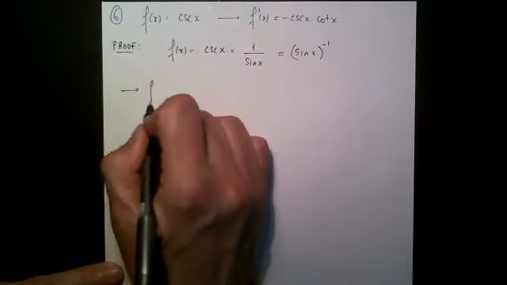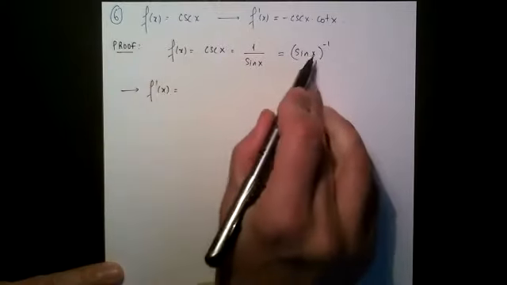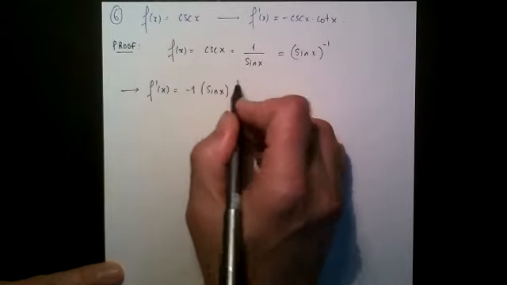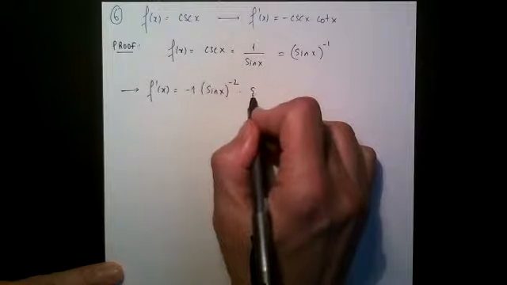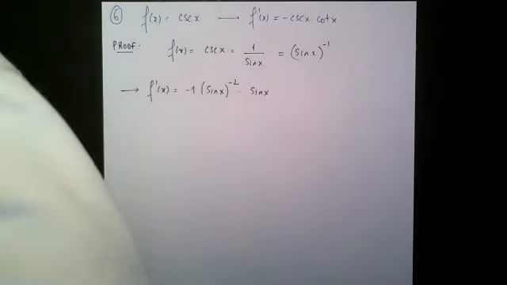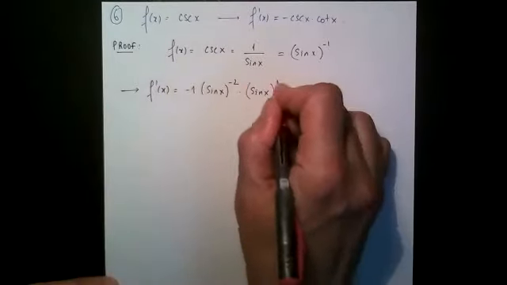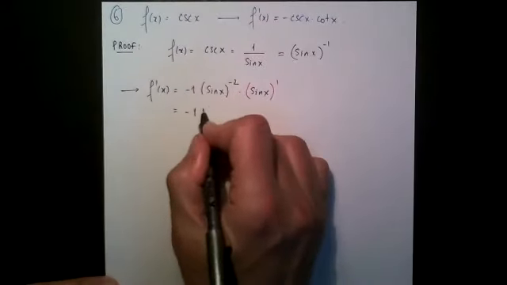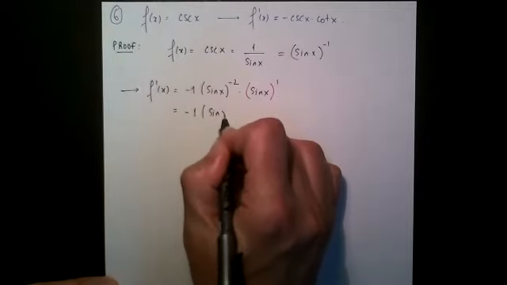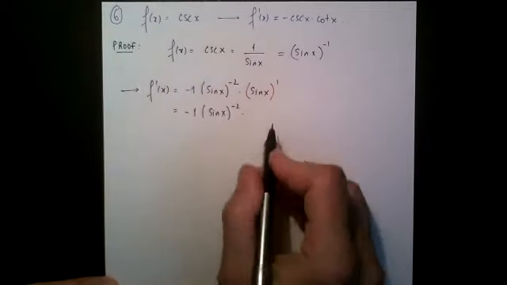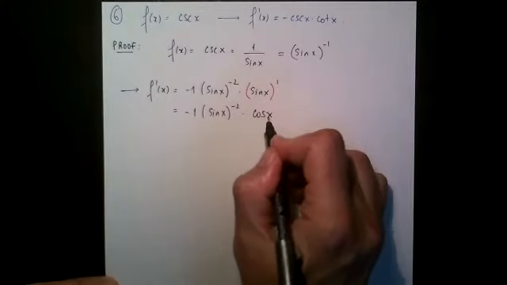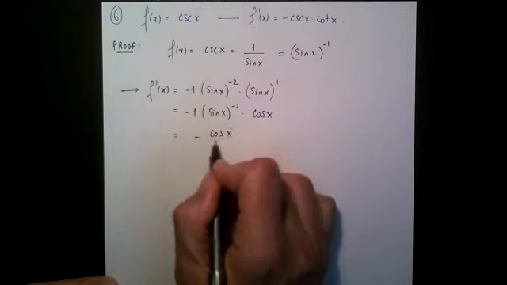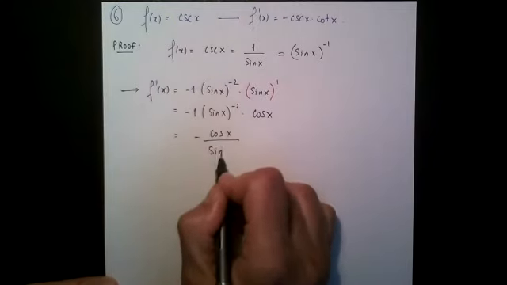So f prime of x is minus 1 times sine x to the minus 2 times the derivative of sine x, which is cos x. And that is negative cos x over sine squared x.